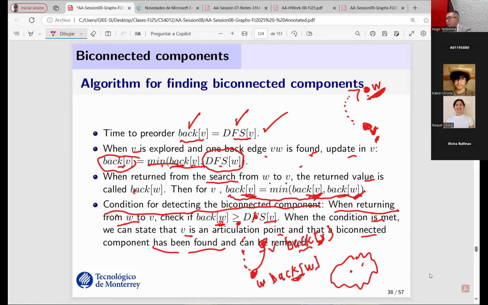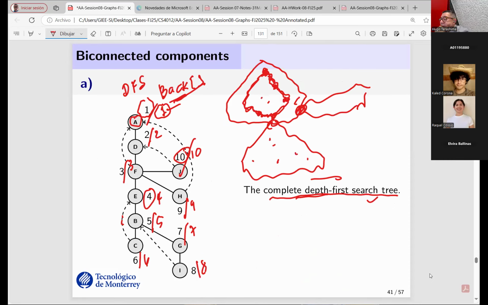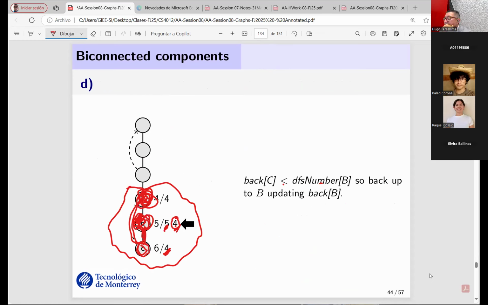So let us observe what is happening here in this case. I return from here, I updated for B, and then I return from B to C, back of C less than the number of B.